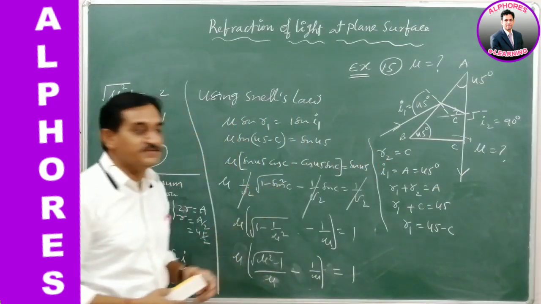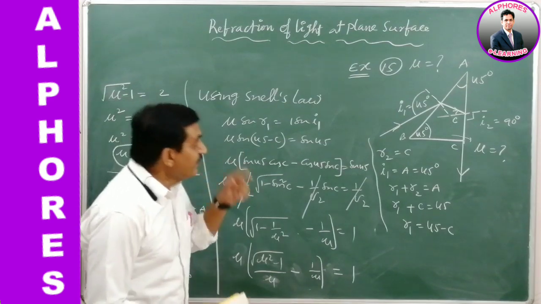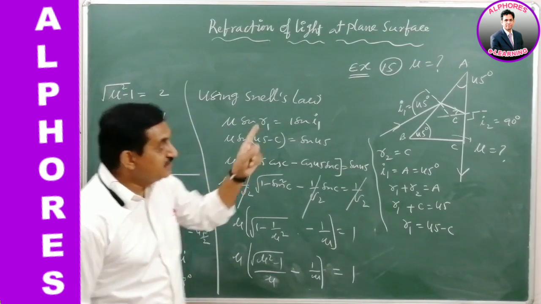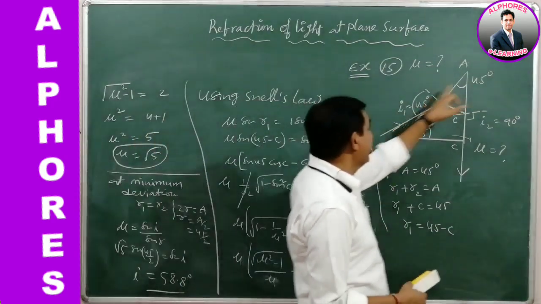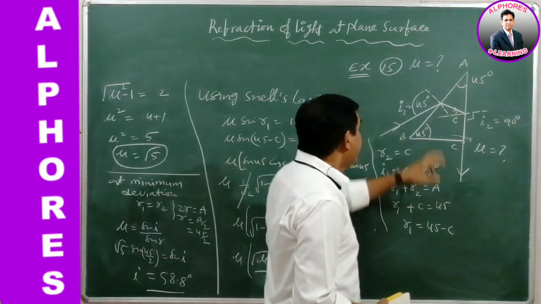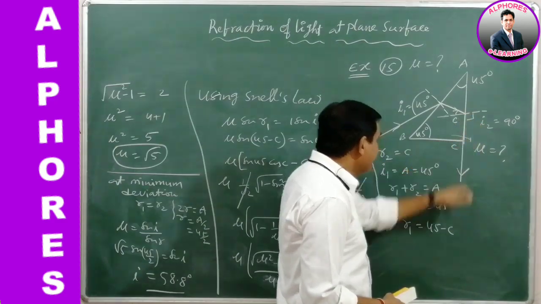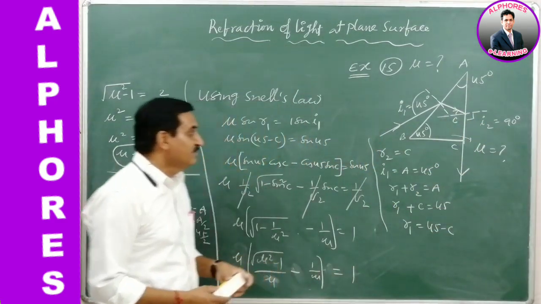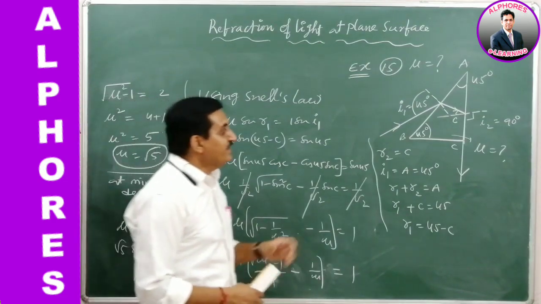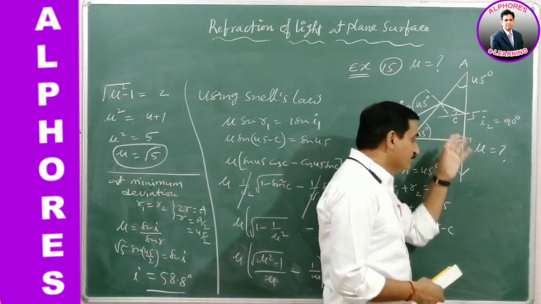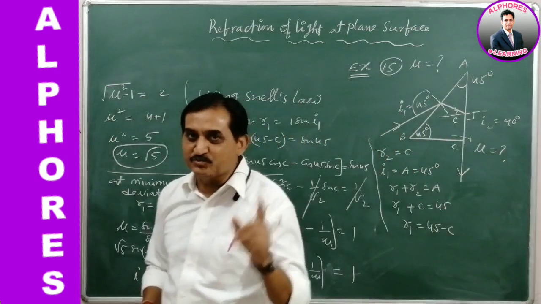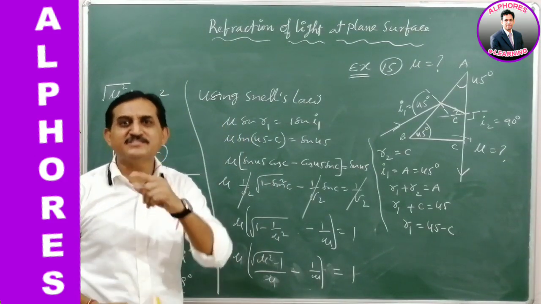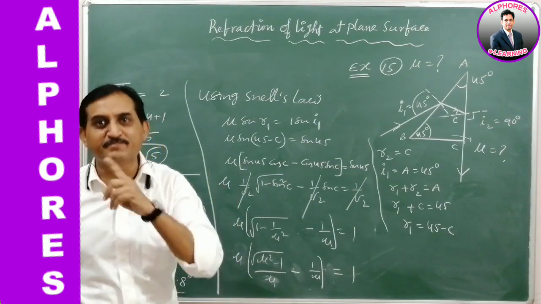But the problem says that a ray of light is incident on this prism at an angle of incidence equal to the refracting angle, and after refraction it grazes the second refracting surface, that is AC. Then question number 1, find the refractive index of the material of the prism. Question number 2, for what angle of incidence will the deviation suffered by the light be minimum.